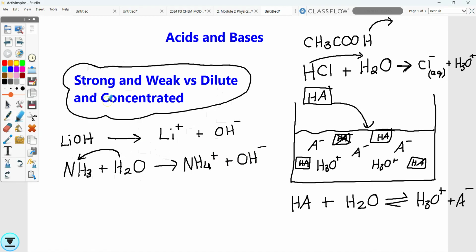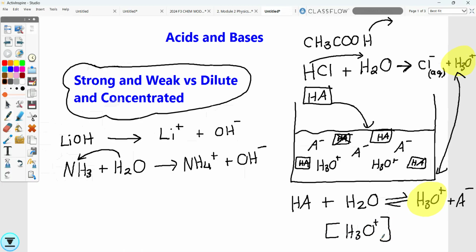Now I'm hoping you can see here, whenever it's an acid in water, it will always form an H3O plus, whether it's strong or weak, it doesn't matter. And that is why the pH, this is definitely in your test, depends on the H3O plus concentration. If we put it in square brackets, it means concentration.